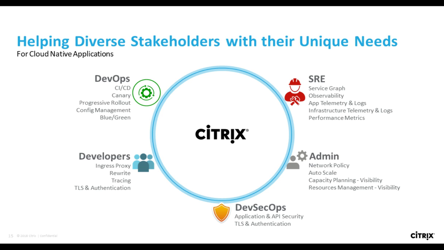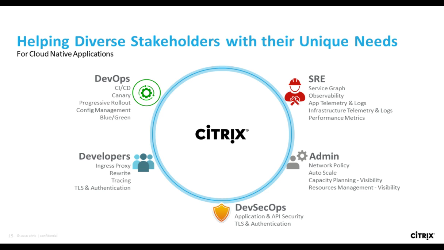What I mean by that is we provide a rich set of functions in NetScaler that, by exposing them as APIs through CRDs, custom resource definitions in Kubernetes, we now are able to make our layer 7 functions like rewrite and responder or canary deployments easily consumable by developers and DevOps.